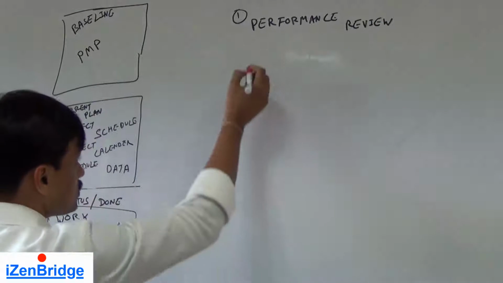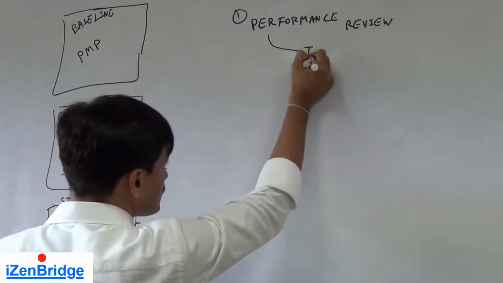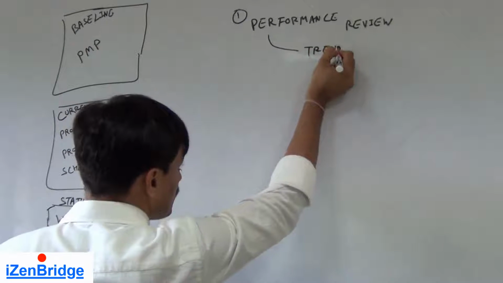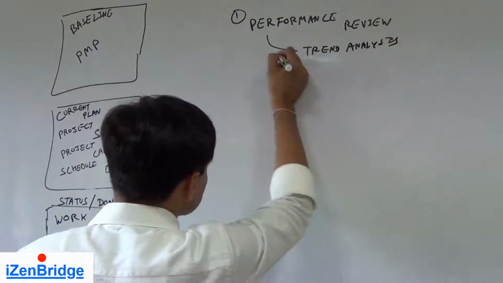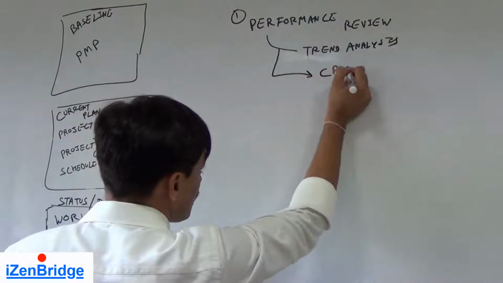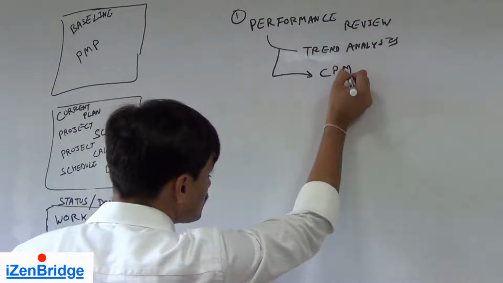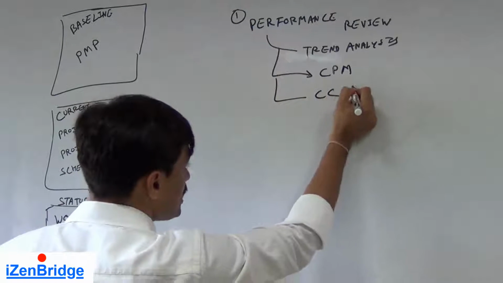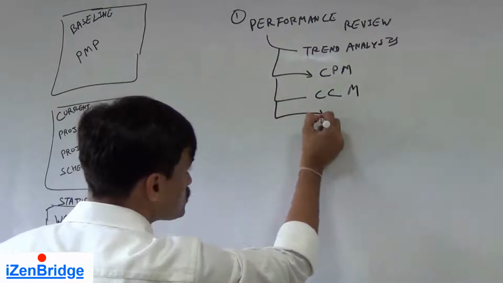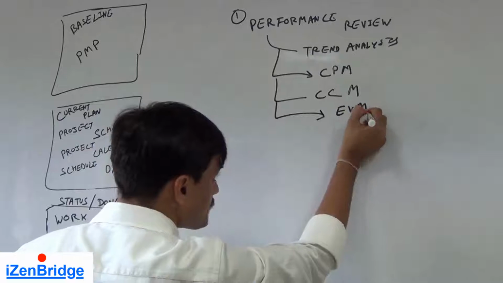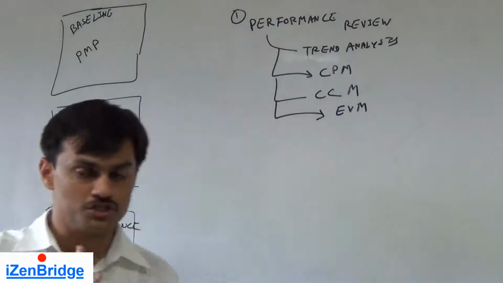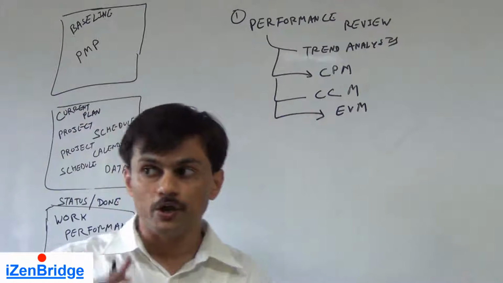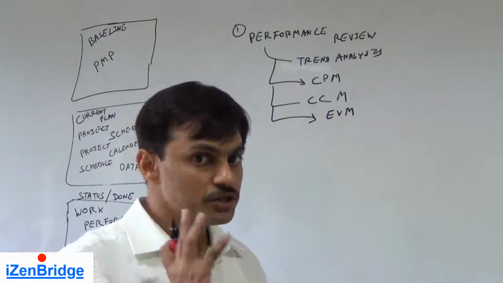We can use trend analysis, critical path analysis, critical path method, critical chain method, or earned value management. So any of these techniques or a combination of them can be used in order to do the performance review.